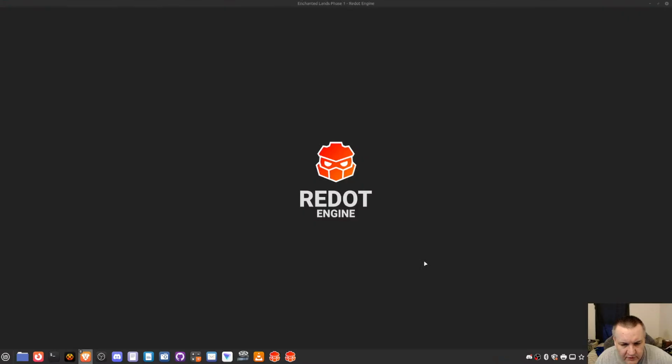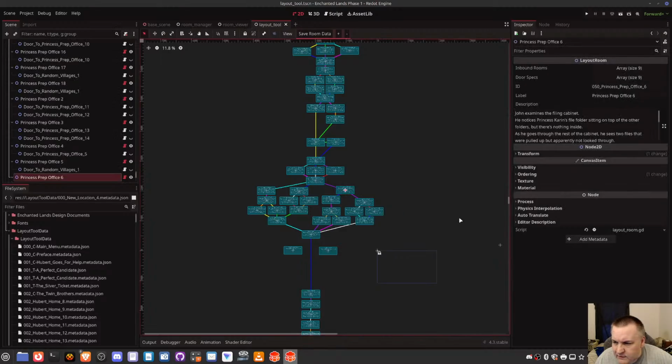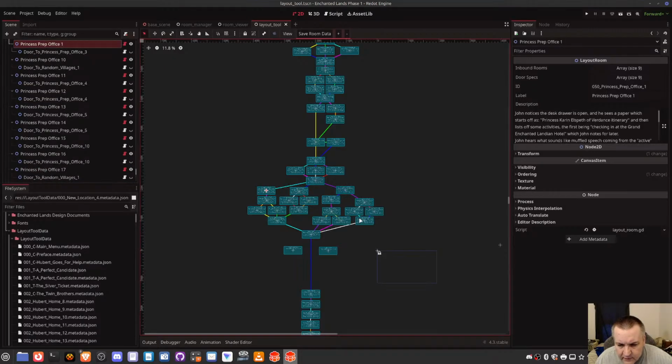Okay, let's open the older project here, and let's see if I can find it. This actually does an inversion of sorts. I think this does an inversion here. This is the original Princess Prep office. So basically, these are kind of inverted from.